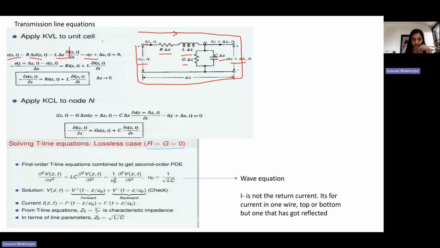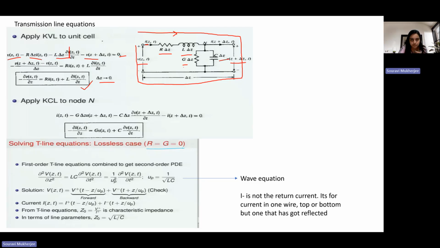So minus, minus, that's why the minus signs, and that's how the loop closes, and that's equal to zero. This is your Kirchhoff's voltage law, right? Now with rearrangements, and considering that your delta Z goes to zero, in the limit, you can write it in terms of differential forms, derivatives, and this is what you get.